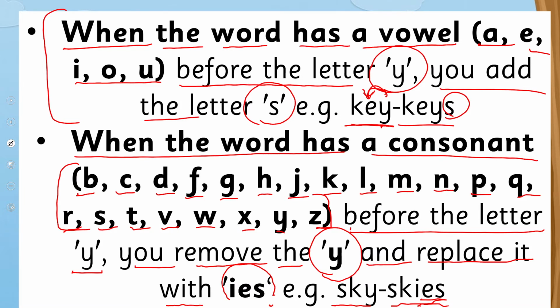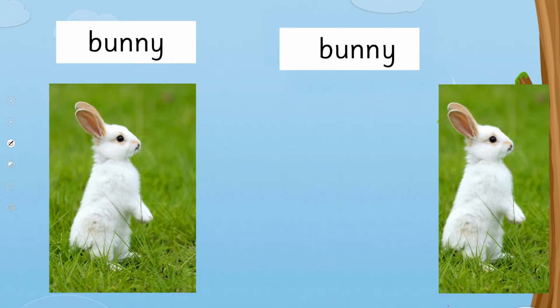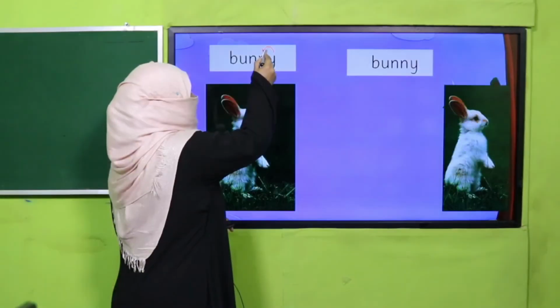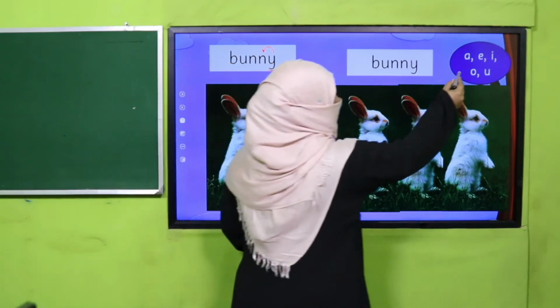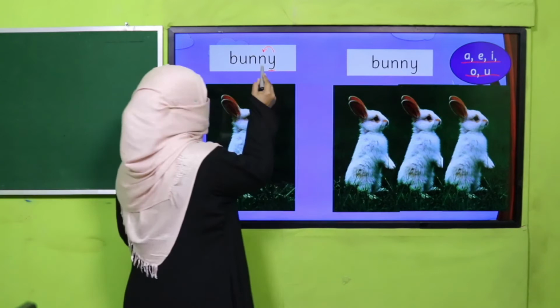Okay, I'm going to give you more examples, don't worry. Here you see, it's bunny. Now you see Y is the last letter. And what is the rule? You will not just start replacing the Y. Before Y, you have to find out, is there any vowel sound? And what are they? A, E, I, O, U. Is there any letter out of that?